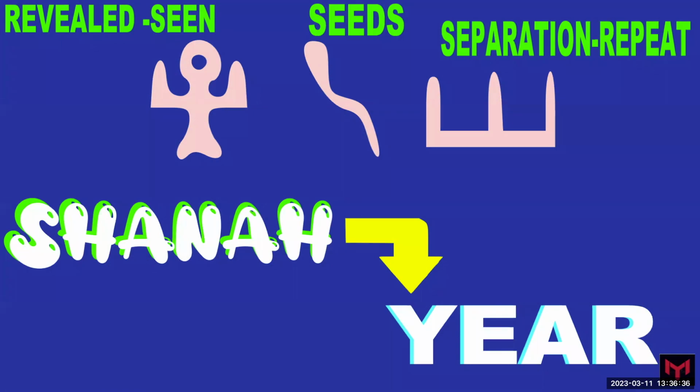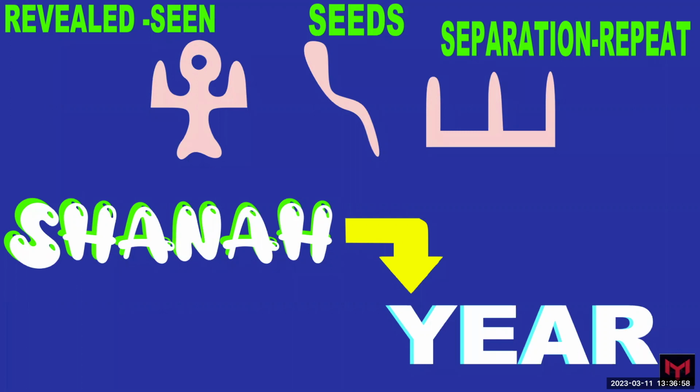Even if you hadn't planted anything in your field, you have leftover seeds from the last harvest. So you'll know what's supposed to be going on by the seeds in the ground. So Shana for us in this context, the separation or repeat of the seeds being planted or being revealed, is year. This is the Hebrew word for year, Shana.